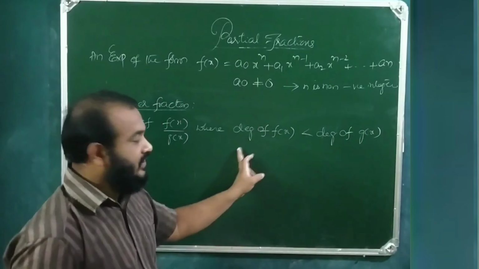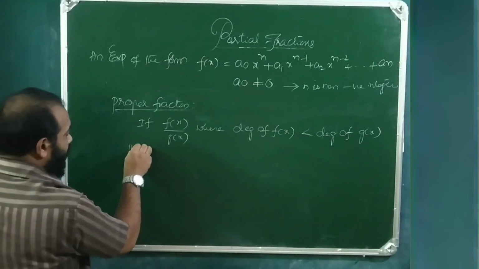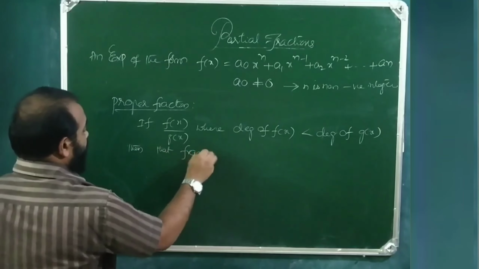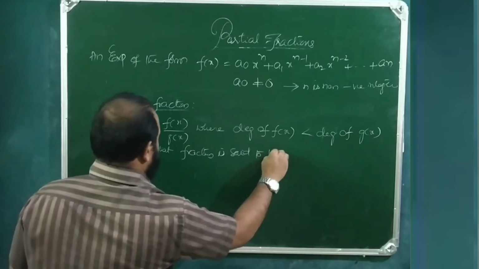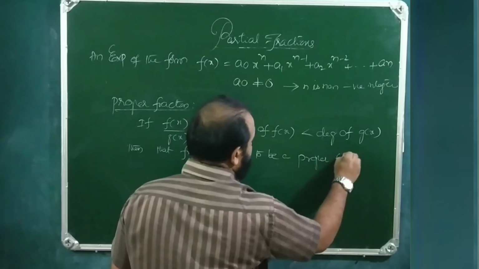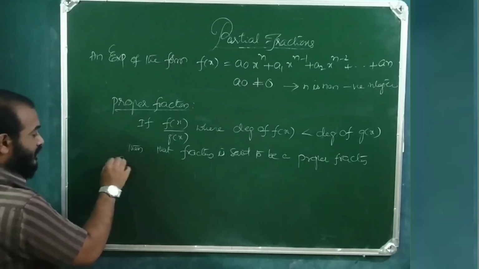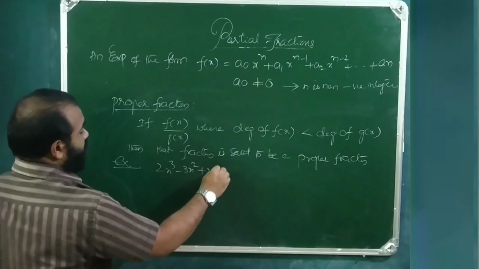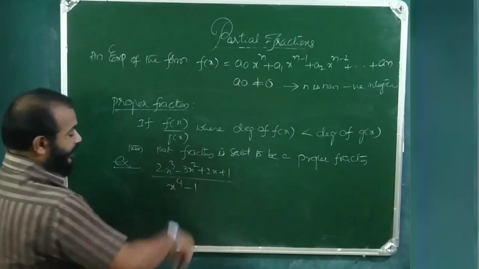Degree of numerator is less than that of degree of denominator, then that fraction is said to be a proper fraction. That is, examples, 2x cube minus 3x square plus 2x plus 1 by x power 4 minus 1.